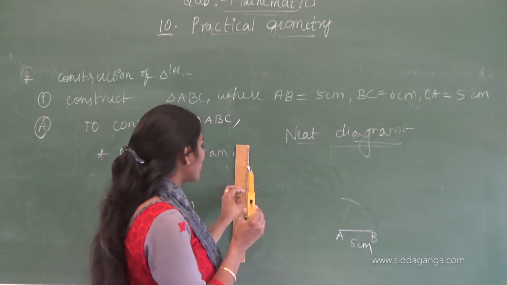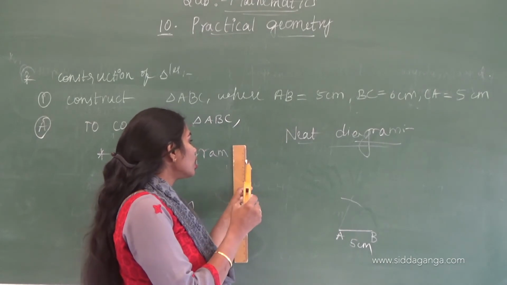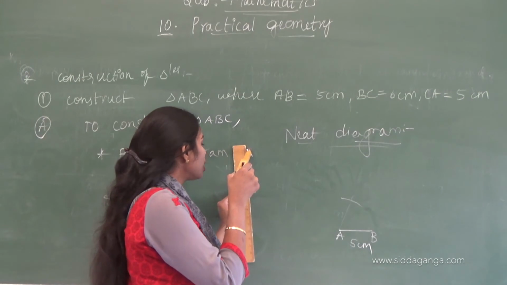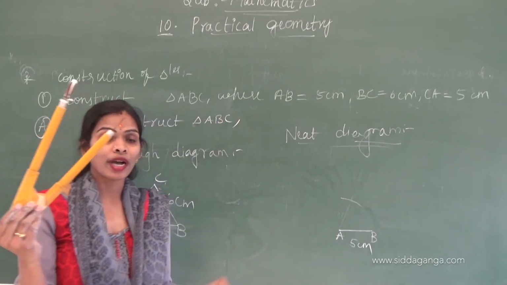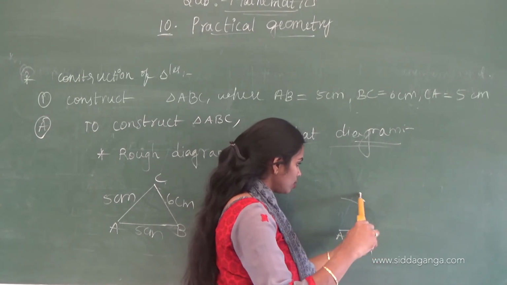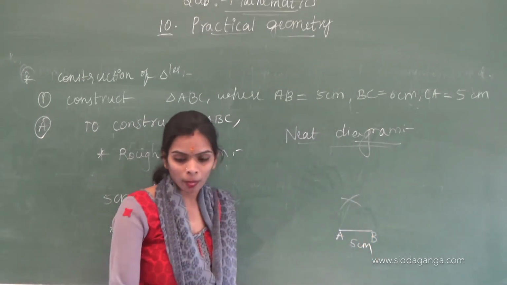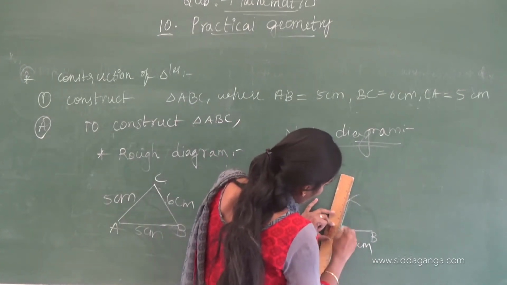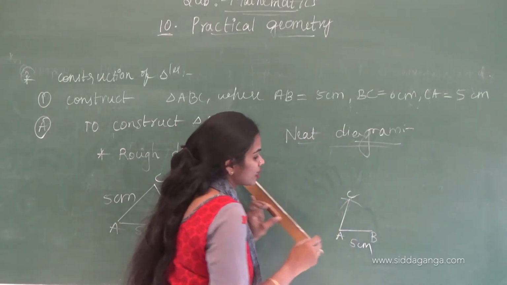We have to open the compass, measure 6 centimeters, and then cut the arc. The point of intersection is nothing but C.